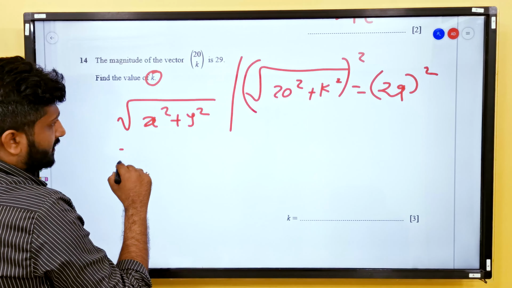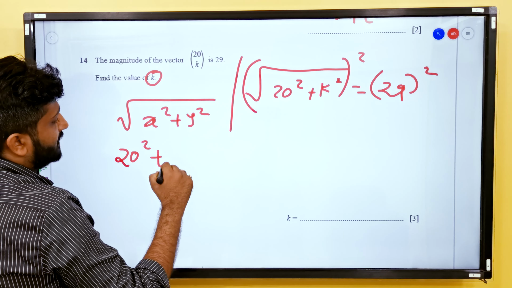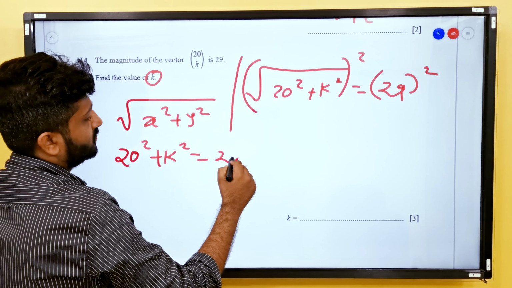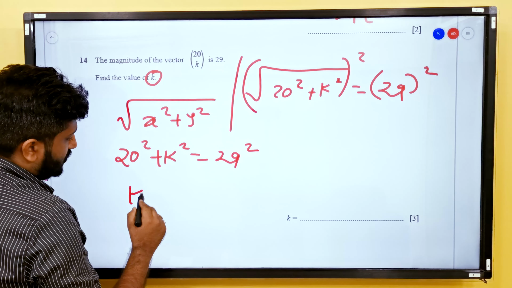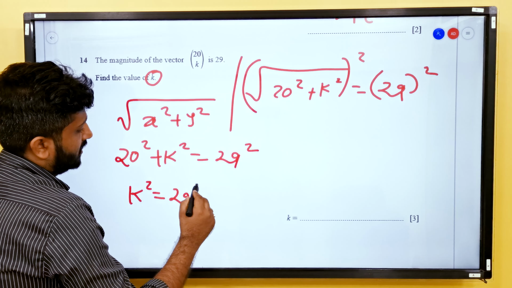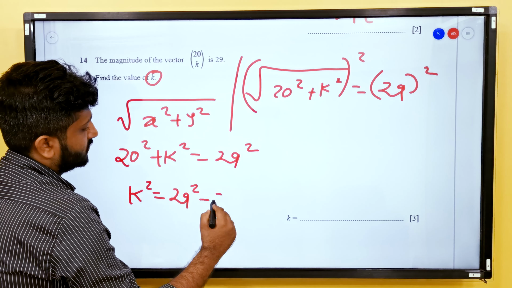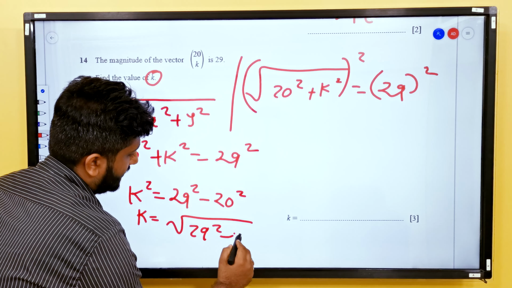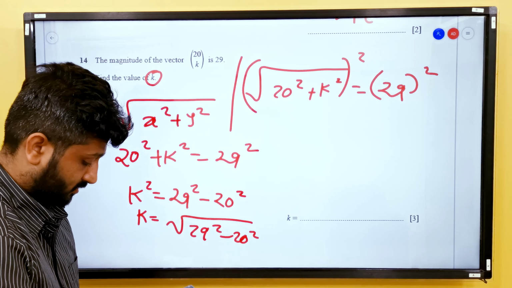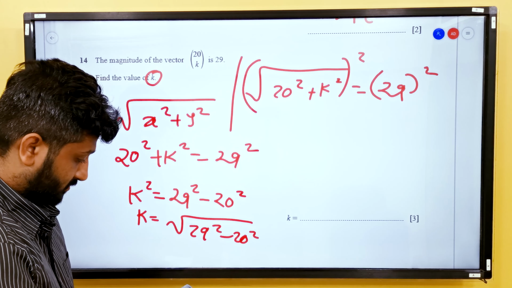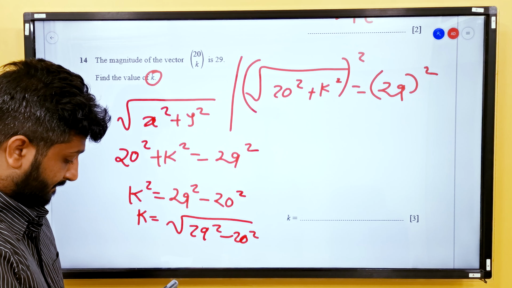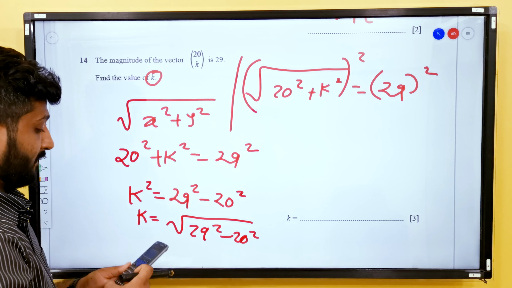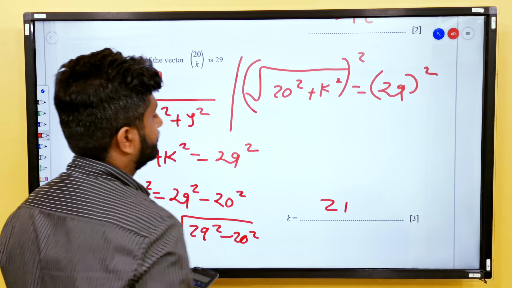Thus we will get 20 square plus k square is equal to 29 square. So my k square is going to be 29 square minus 20 square, and k is going to be root of 29 square minus 20 square, which is 21.